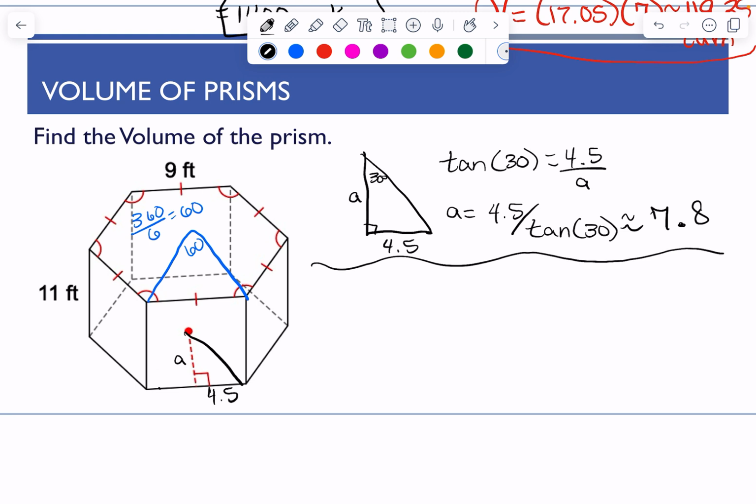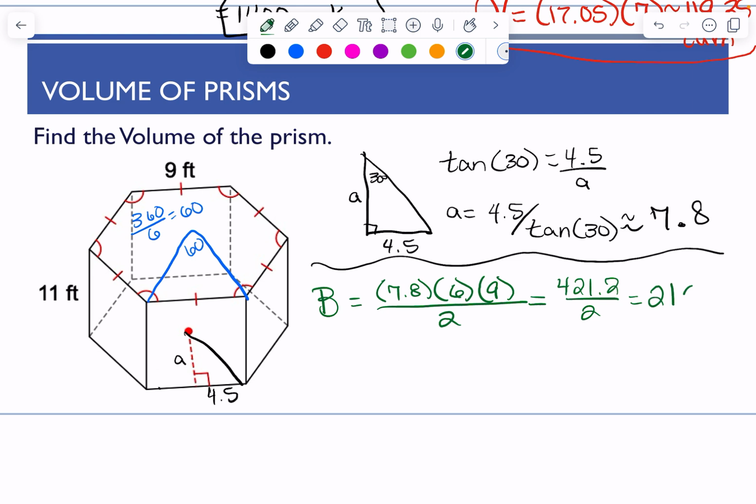So now we start in and we say, okay, what's the area of the base then? Remember, the area of the base is the apothem, 7.8, times the number of sides, which would be 6, times the side length of 9, all divided by 2. So now if we go 6 times 9 times 7.8, that's going to get us 421.2. Divide that by 2, and that's going to give us 210.6 for the area of the base.